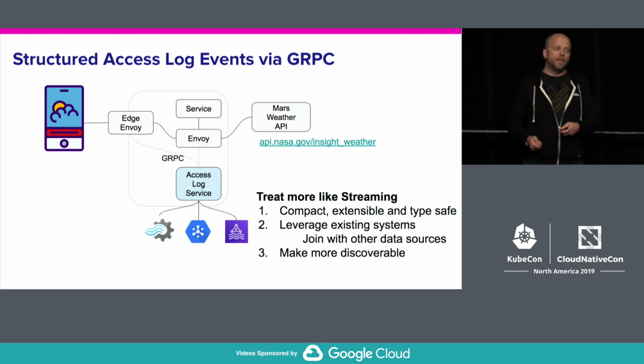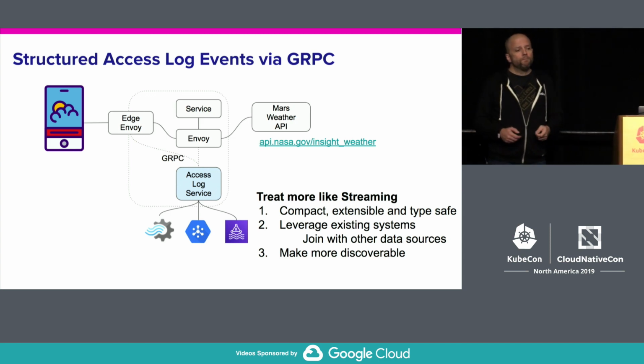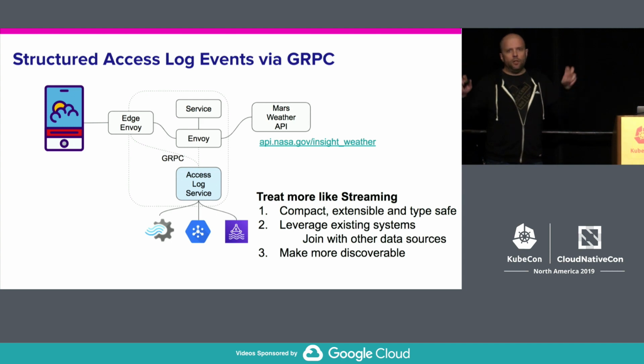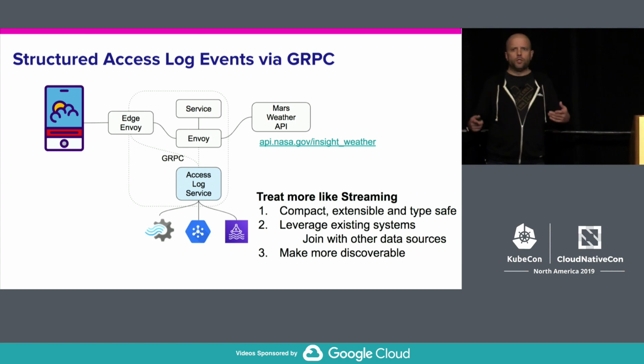Maybe it's Elastic, or maybe you treat it more like a streaming data platform problem. We do this at Lyft, and I've been working on this actually over the last couple of months with some teams. And a few observations from that: recasting this file logging problem into more of a streaming data platform problem lets you think a little more clearly about what you're trying to do. You get all this type safety and extensibility, but you also get to leverage your existing systems.